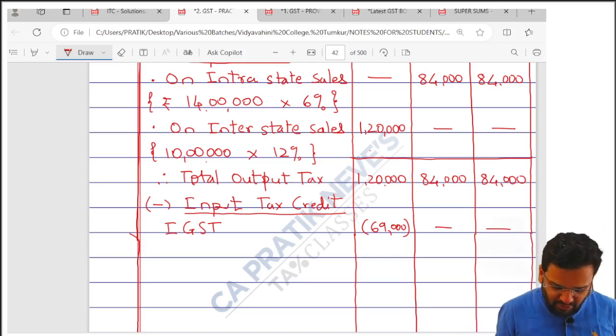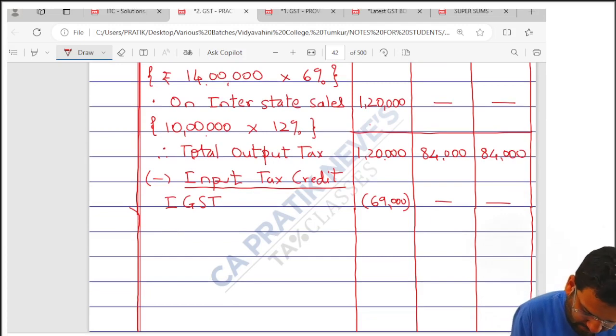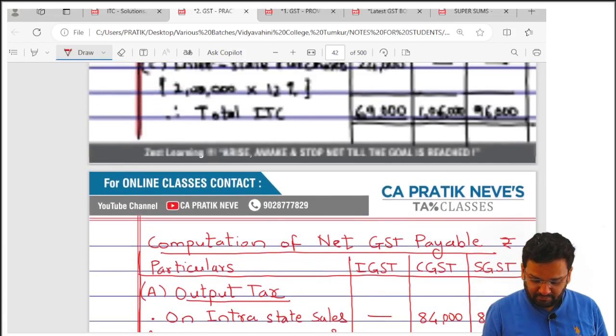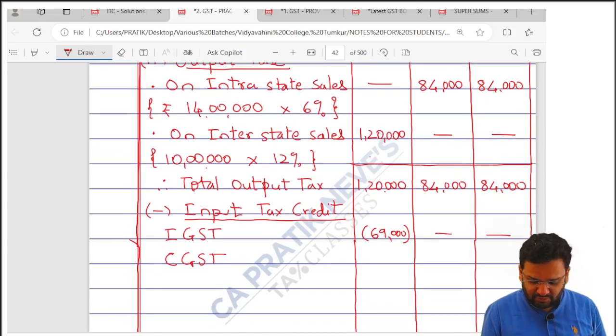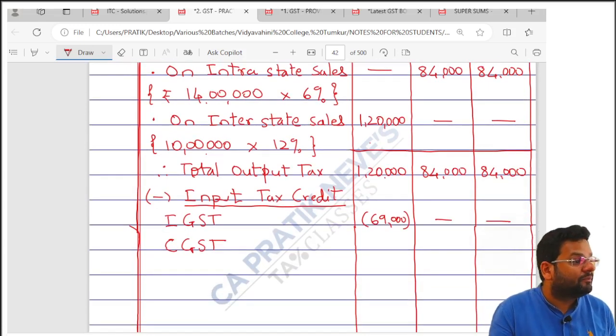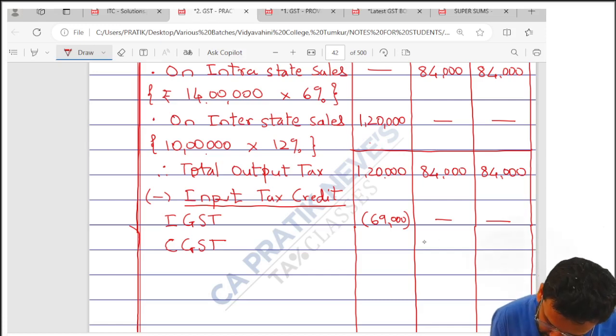Now which will you touch? So ITC of CGST. What is ITC of CGST? 1,06,000. First used to pay output tax of CGST. So 84,000 used for that.